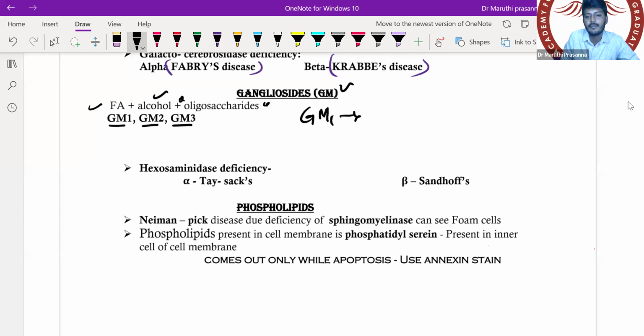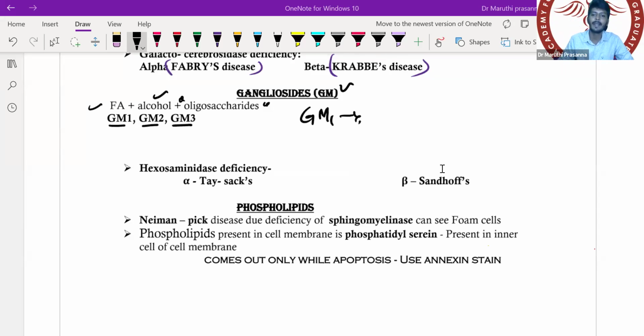What is the function of the GM1 ganglioside in the body? Anybody can recall? All the gangliosides are responsible for membrane protection, membrane function. Very good. All of you are correct.